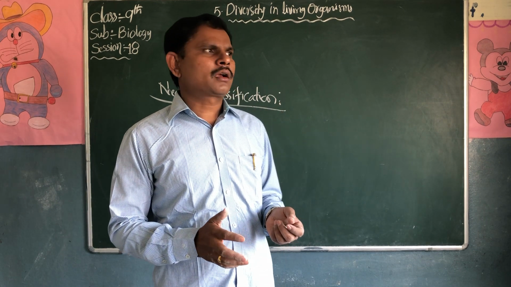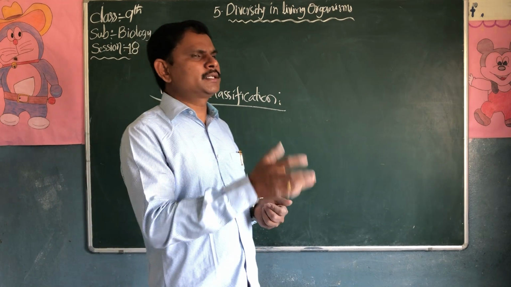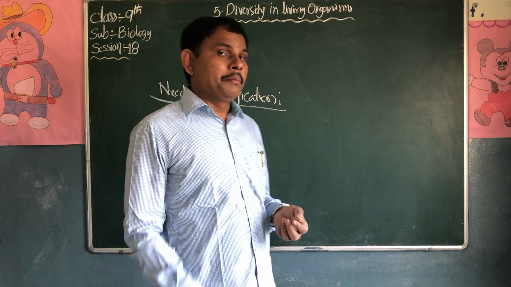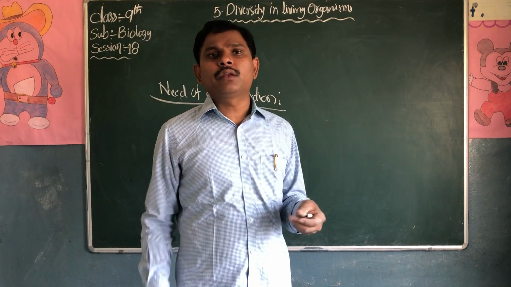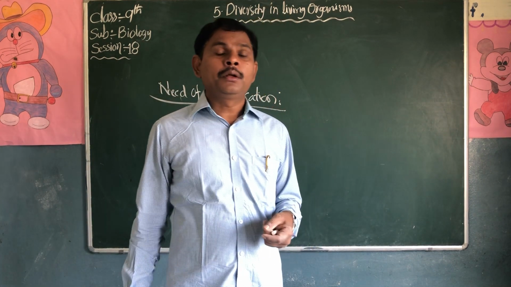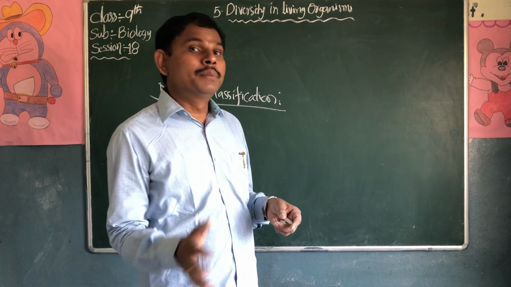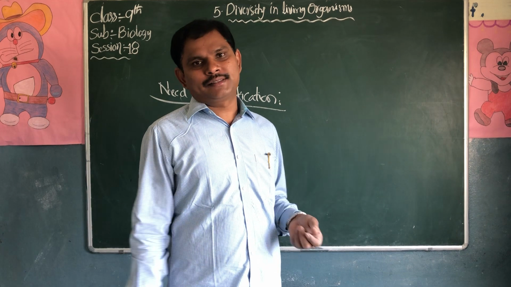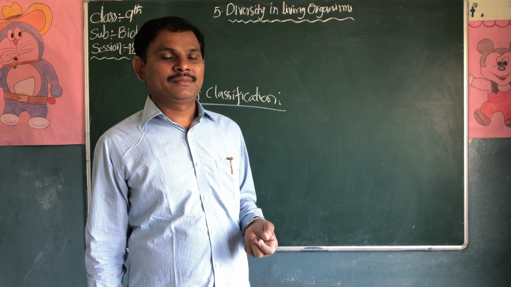We need classification. For example, take birds. Birds also fly in the air. Bats also fly in the air. Then what is the difference between the bat and birds? Birds are oviparous. They lay eggs.